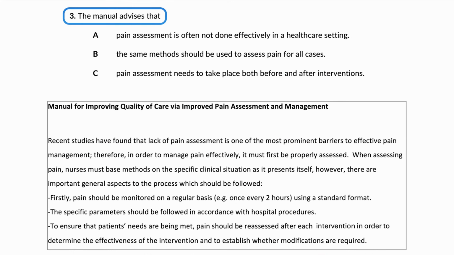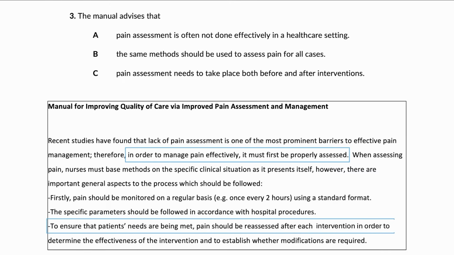The manual advises that. Now we're going to read very carefully to make sure we don't miss any important details. It says here, in order to manage pain effectively, it must first be properly assessed. Okay, so we're assessing the pain first. Later in the text it says, to ensure that patients' needs are being met, pain should be reassessed after each intervention in order to determine the effectiveness.